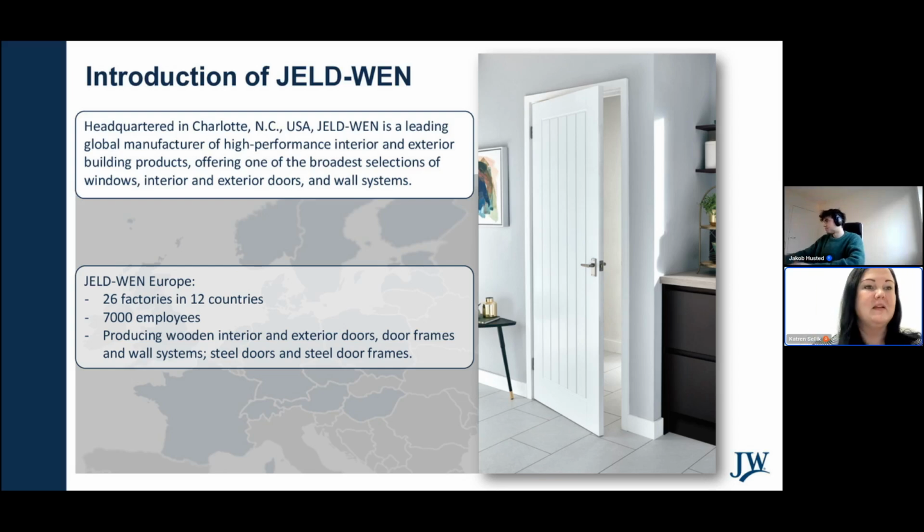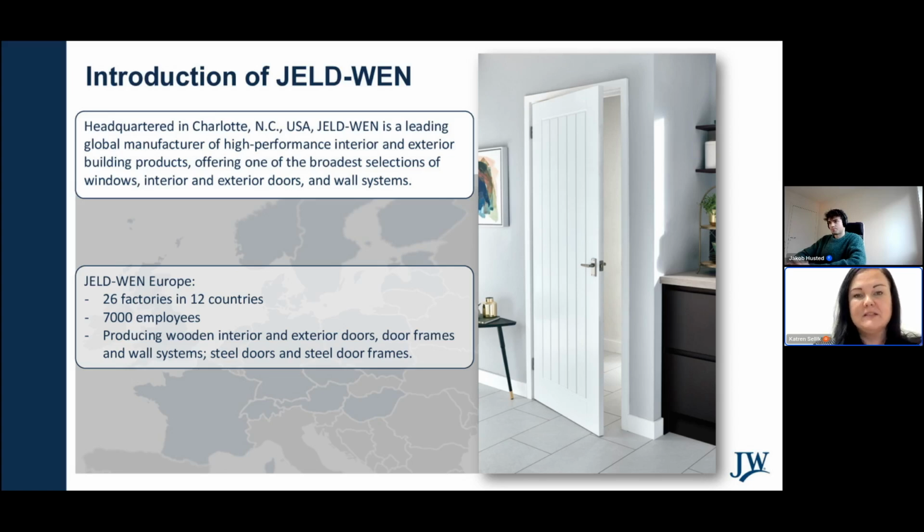I will now jump to the content. Firstly, the introduction. JELD-WEN is a global company headquartered in Charlotte, US, and we are a global leading high performance interior and exterior building product producer, mainly producing windows, interior and exterior doors, and wall systems.